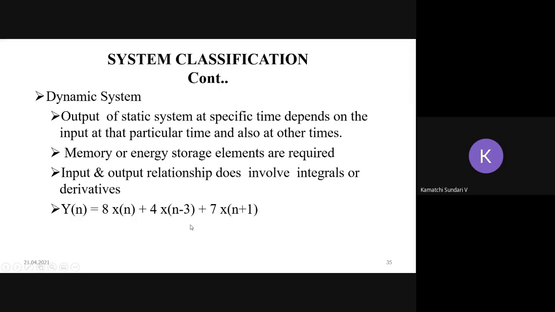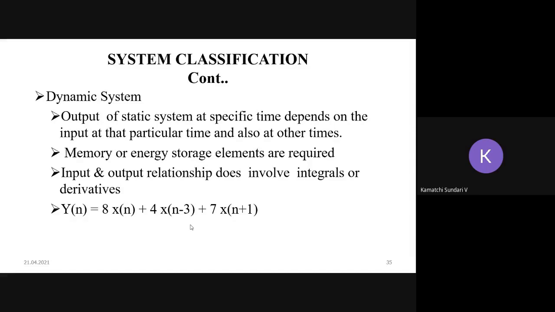So if you are having either past or future input signal in your output equation, the present input may or may not be present, but if you are having any kind of past input signal or future input signal, then that system will come under the dynamic category.